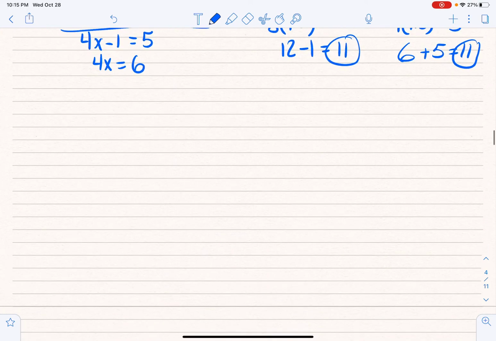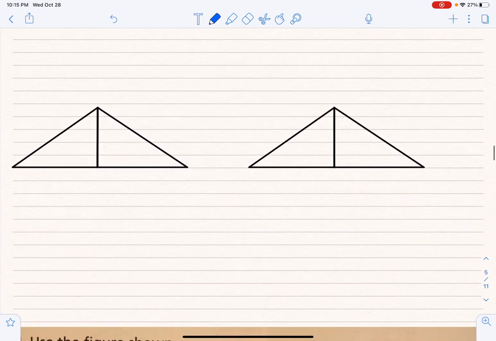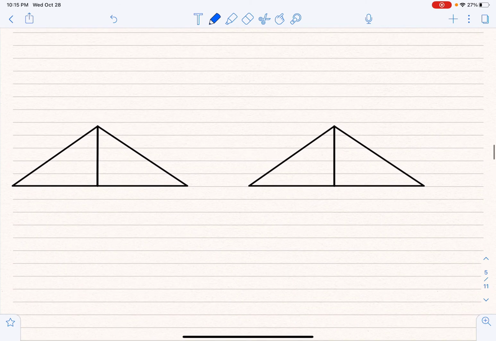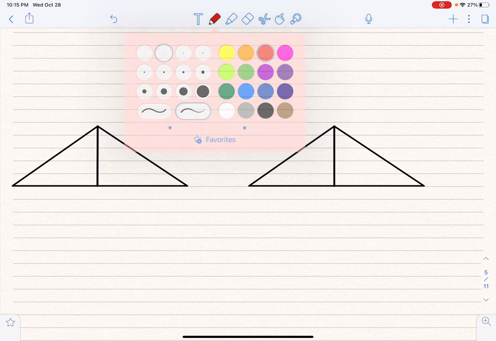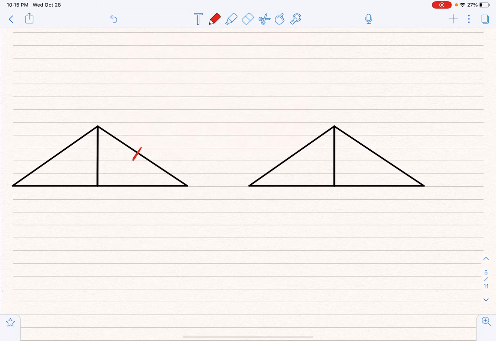All right, now we're going to take this just a little bit further, and we're going to add something that's going to seem a little bit odd, okay? And that is if you have an isosceles triangle. So let's make this an isosceles triangle. I know it's cut down the middle, but we're going to say this is an isosceles triangle. And if you bisect that top angle, now when I say bisect, it means to cut into two congruent pieces.